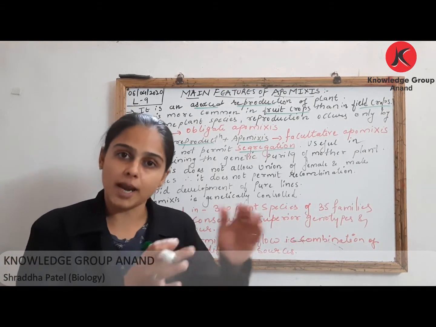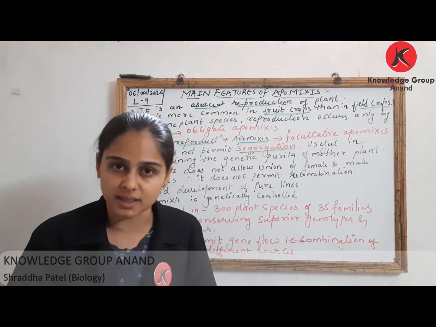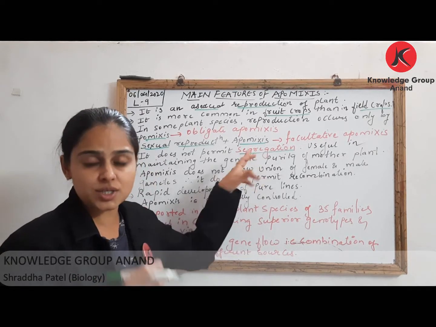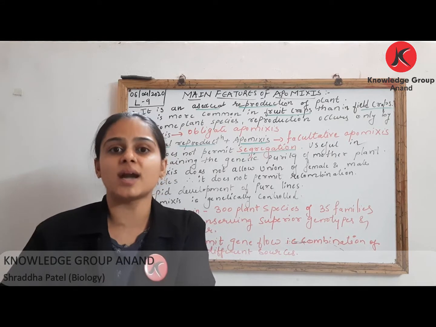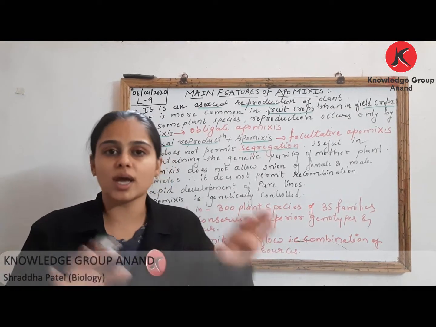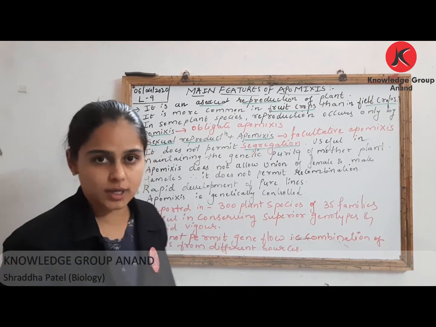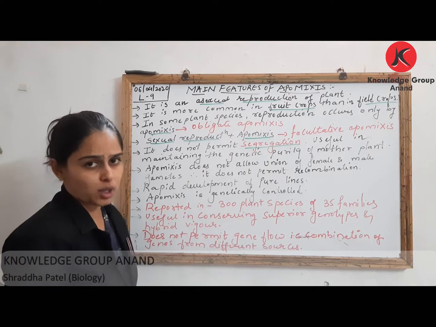So if this hybrid variety को आप apomictic variety में change करते हो, तो during this there occurs no segregation, separation नहीं होता, मतलब जो mother plant की जो genetic makeup है, same you can obtain in offsprings or progenies. Okay, so it does not permit segregation. That is the most important point, right?